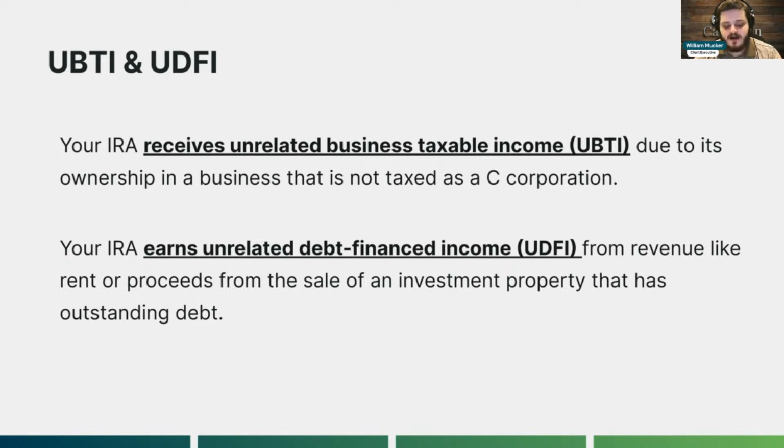And then on the other end of the UBIT, you have the UDFI, unrelated debt financed income. That's triggered when your IRA receives financing for an investment it wants to make. So again, both of these events aren't very common, but in the instance that they do happen, most people are okay with it because they would have to pay taxes outside of the IRA if they were doing these investments anyway, and they're still using the funds in the IRA to grow their IRAs quicker than the deals they would be making at a broker or on the publicly traded stock market.